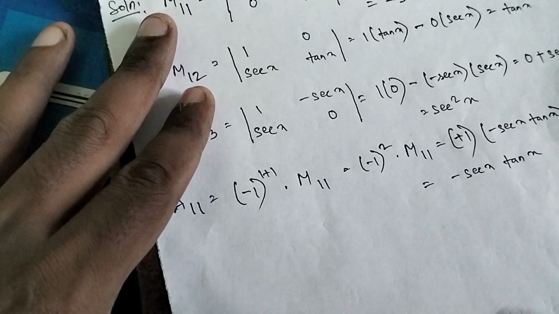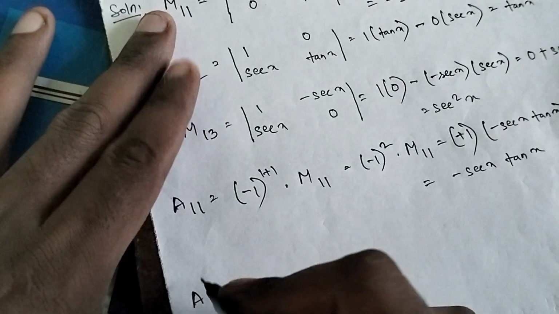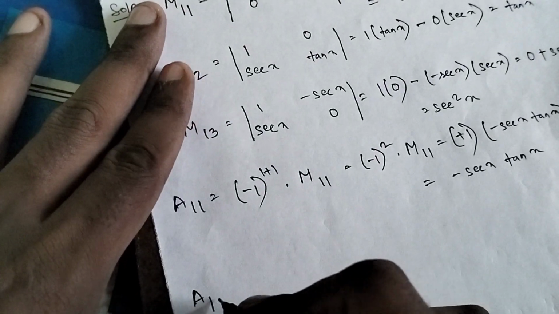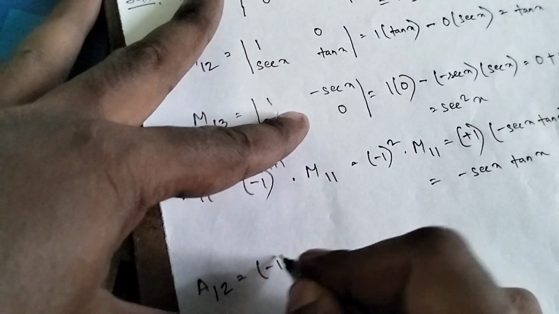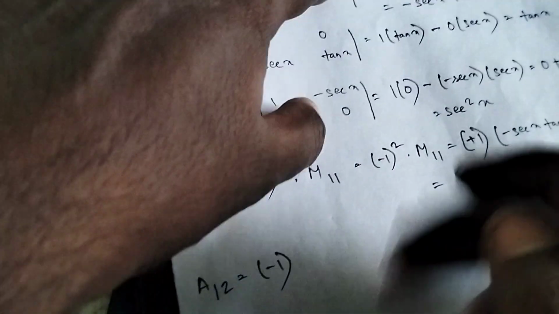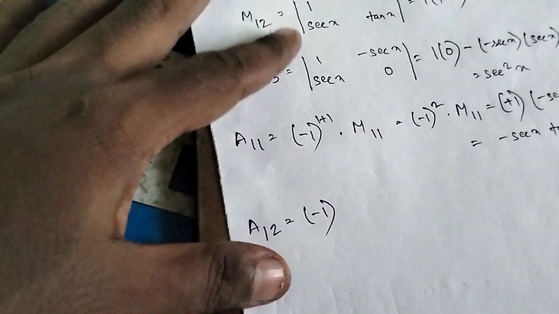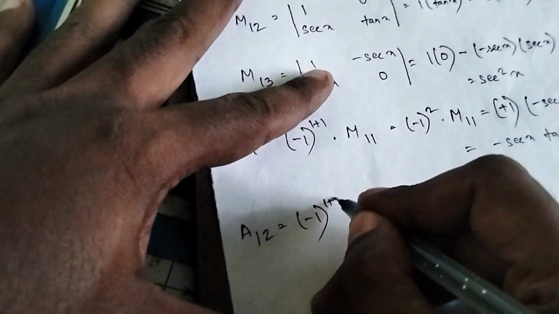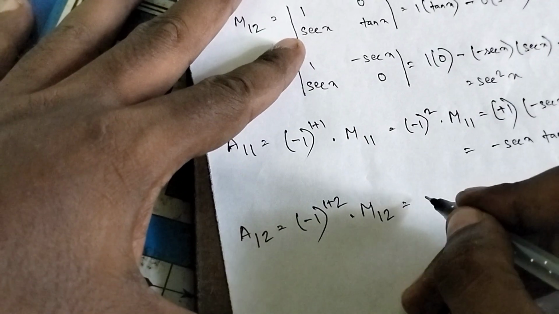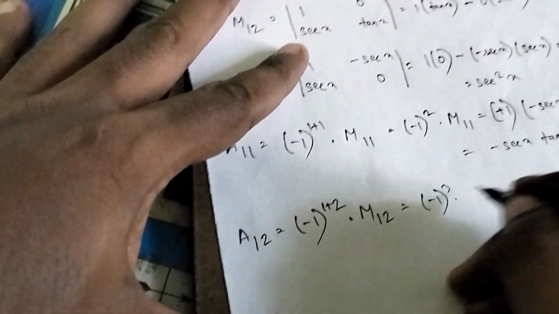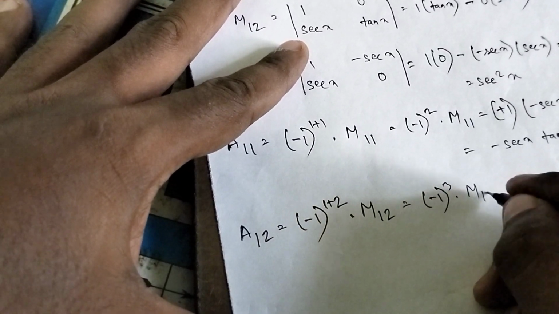Okay, so now the cofactor of row 1 column 2. So row 1 column 2 cofactor will be minus 1 to the power 1 plus 2 into minors of row 1 column 2, it will become minus 1 cube into minors of row 1 column 2.